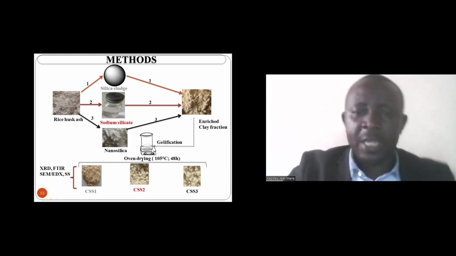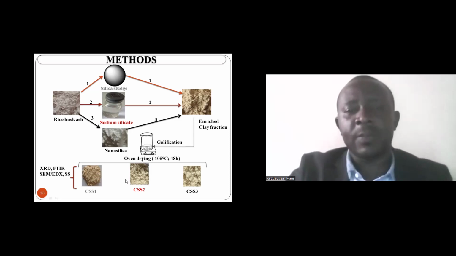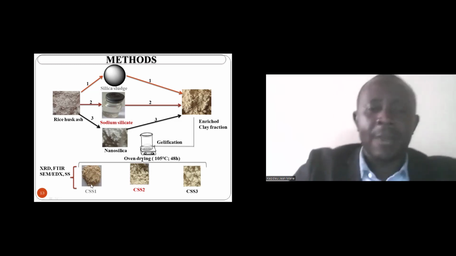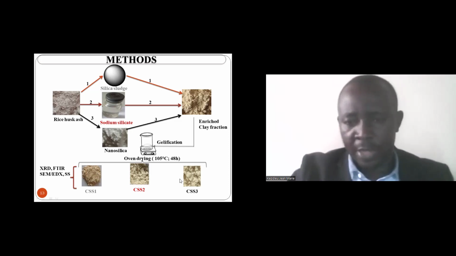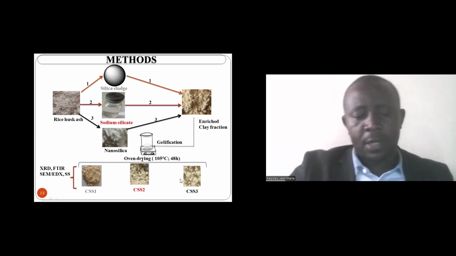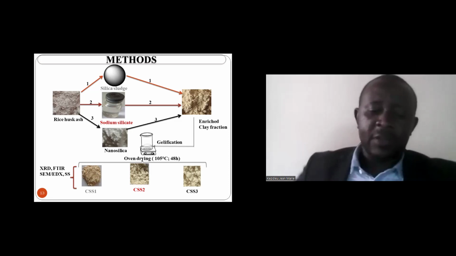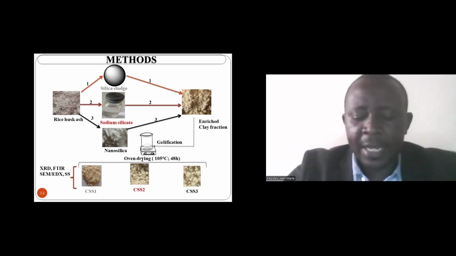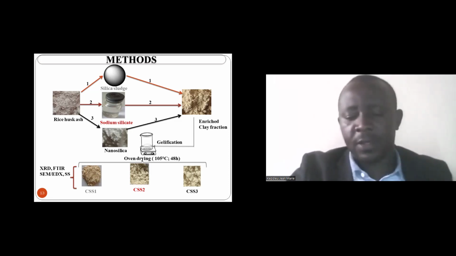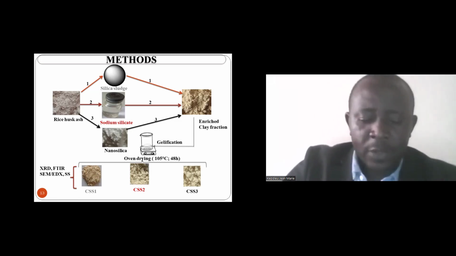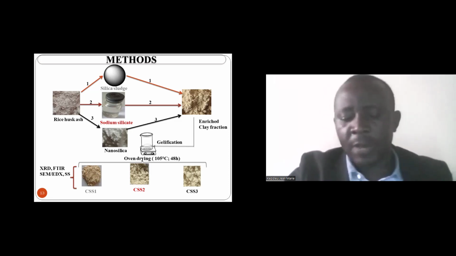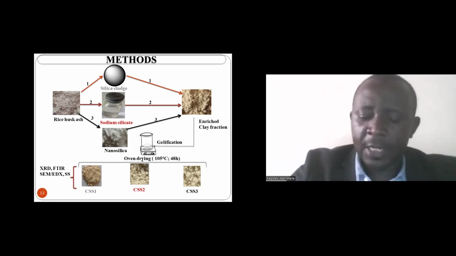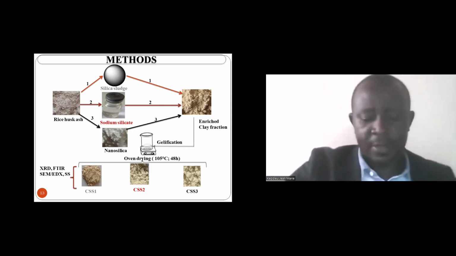After oven drying, we obtained 3 powders, labeled CSS1, CSS2, and CSS3. The different powders were analyzed by X-ray diffraction, infrared spectroscopy, scanning electron microscopy coupled with energy dispersive X-ray, and BET specific surface area measurements.